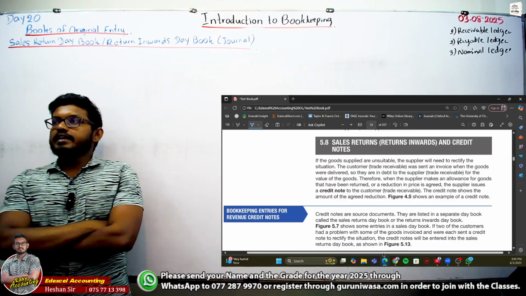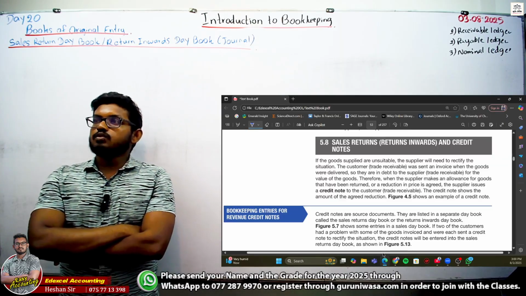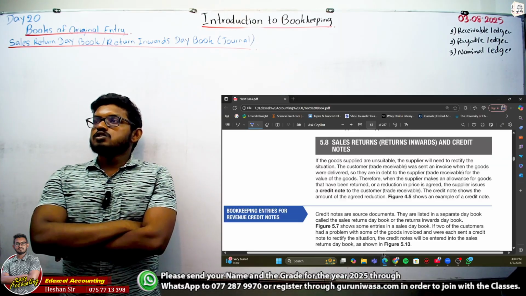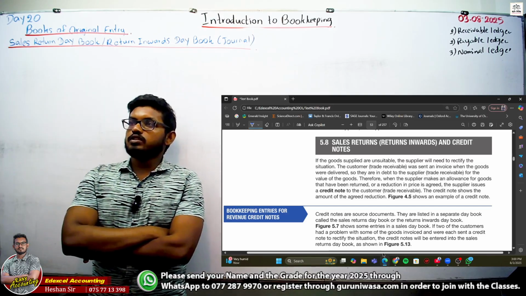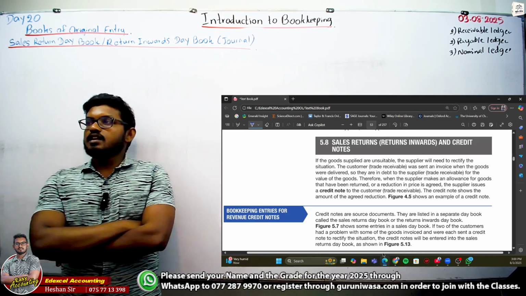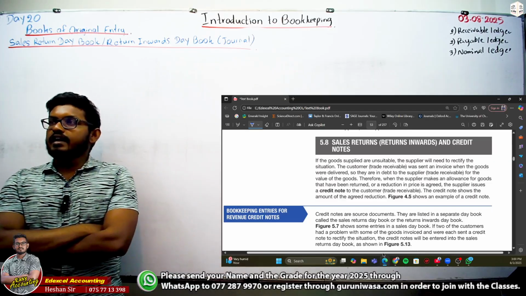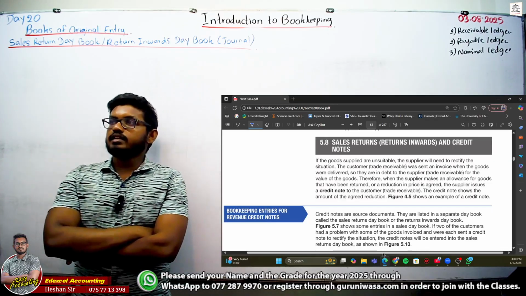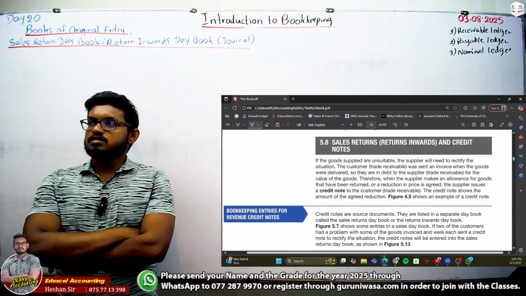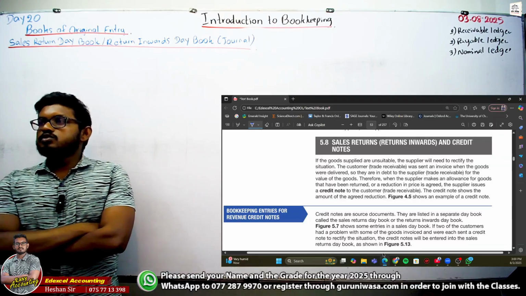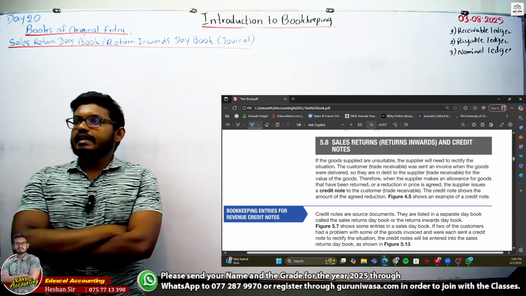The customer, a trade receivable, was sent an invoice when the goods were delivered, so they are in debt to the supplier for the value of goods. Therefore, when the supplier makes an allowance for goods that have been returned or a reduction in price is agreed, the supplier issues a credit note to the customer, the trade receivable. The credit note shows the amount of agreed reduction.